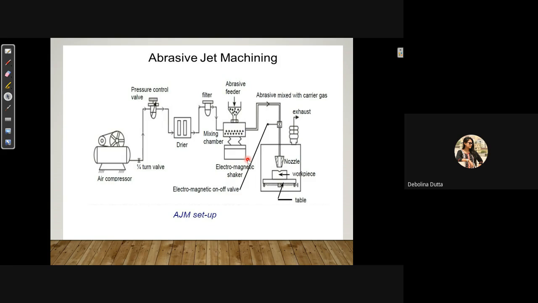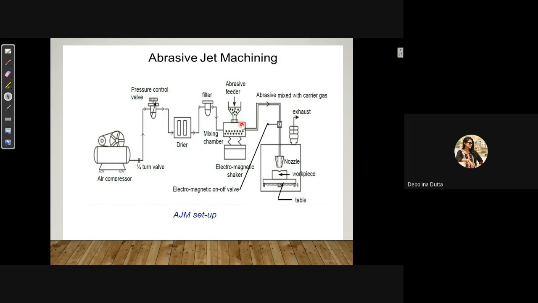In this mixing chamber, the abrasive falls from the top through a hopper, and there is an electromagnetic shaker. I am not going into the details of what kind of electromagnetic shaker or its working principle. So this mixing chamber is always in the vibrating mode, so that proper mixing takes place.